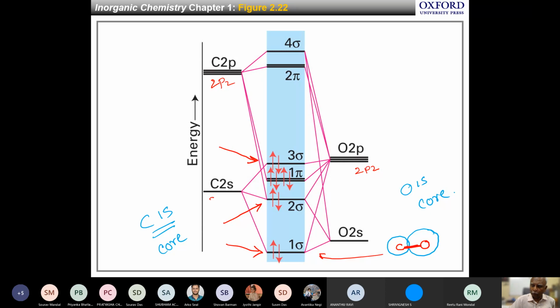So the sigma manifold, 1 sigma, 2 sigma, 3 sigma, they are formed by a combination of the s and the p. This second orbital significantly mixes with the p orbital. So that gives you 2 sigma and 3 sigma. We'll look at the character of these orbitals shortly.